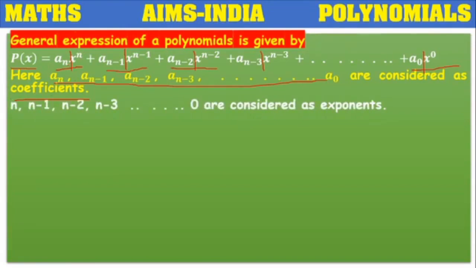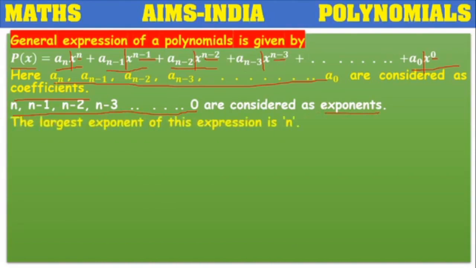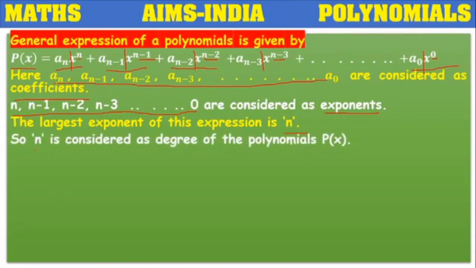Here n-1, n-2, n-3, 0, these are all considered as exponents. The largest exponent of the total expression is n. So this n is considered as the degree of the polynomial.